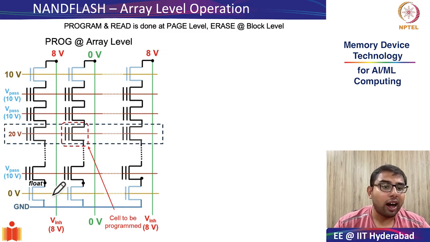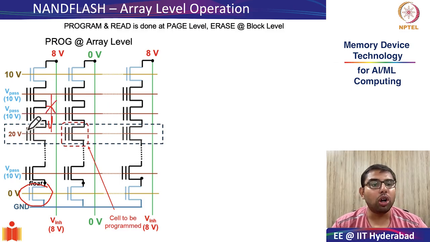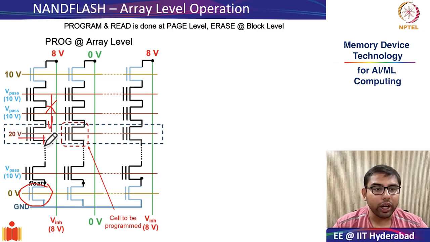Remember, the GSL during program operation was cut off to ensure that there is no string current during program operation, and all of the charge transport is facilitated only in the direction from the control gate to the channel.